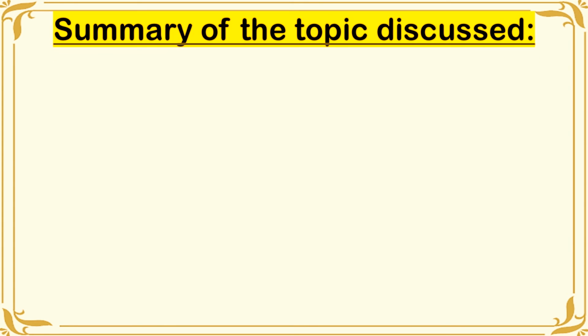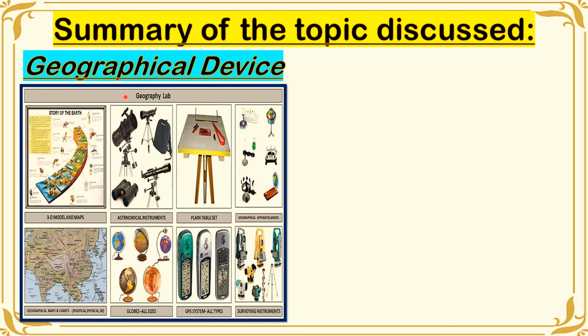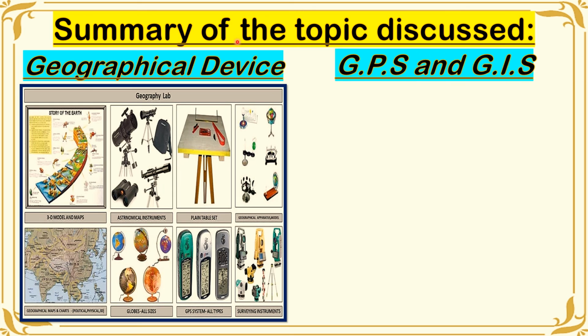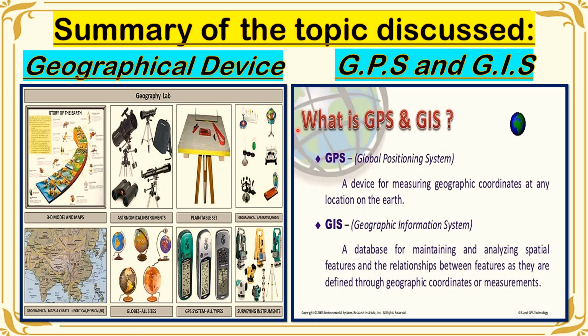Class, just to summarize the topics that we have just discussed. First, geographical devices. We have different geographical tools that are being used in studying geography. We also studied GPS and GIS. So what is GPS and GIS? GPS stands for Global Positioning System.